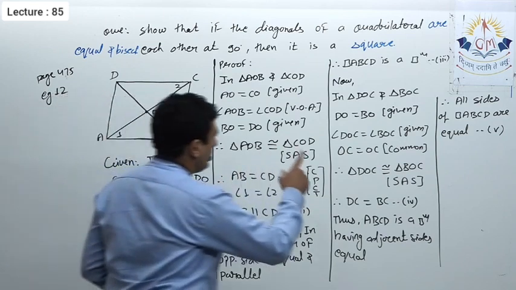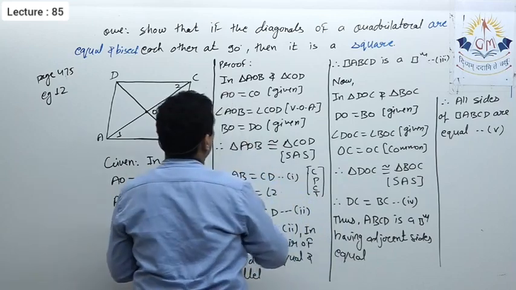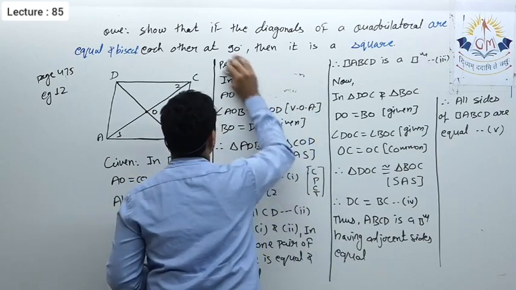Okay, so this is equation number 3, 5. Now I am writing the remaining proof over here.